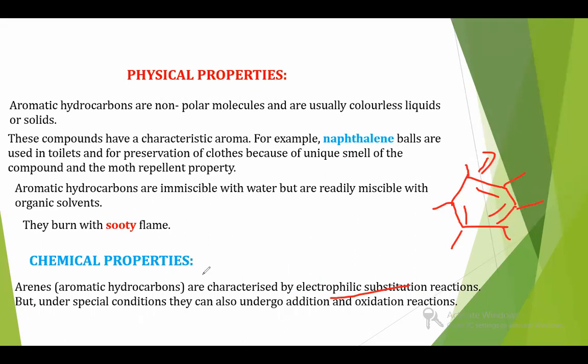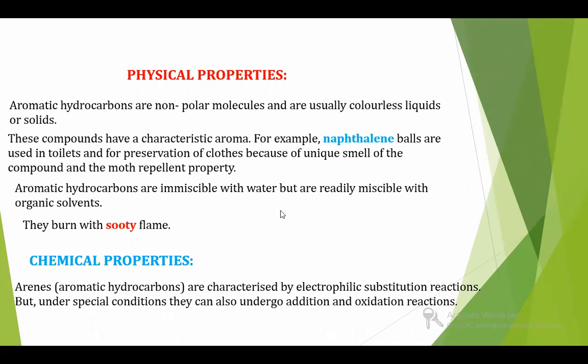But under special conditions, they undergo addition as well as oxidation reactions. So based on the conditions of the reaction, they show different types of reactions, and we will study them in detail.